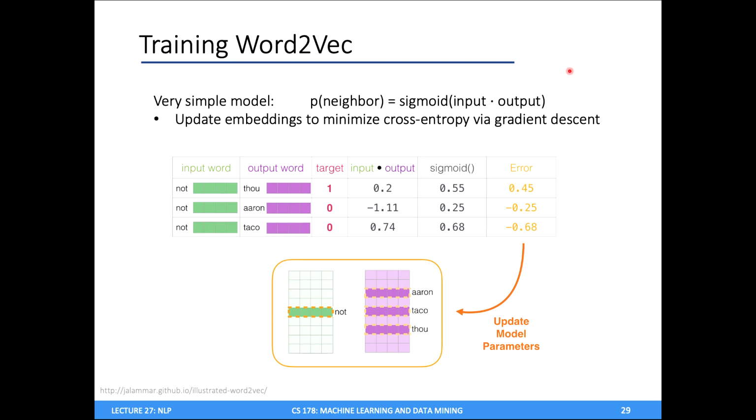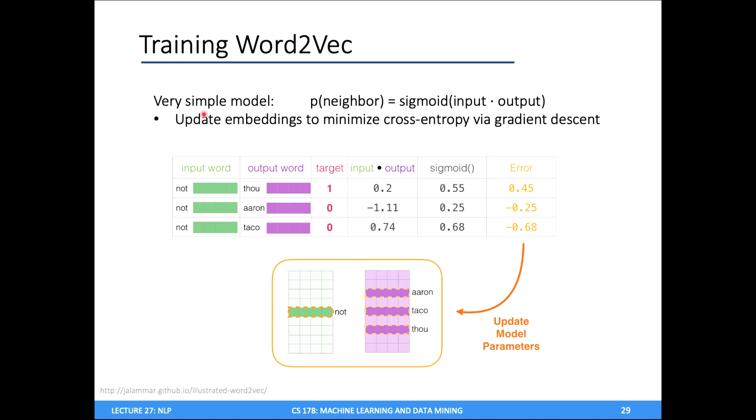This gives us a single number, which essentially measures how similar these two vectors are. So if you remember some fun facts about dot products, if those vectors are orthogonal, if they're perpendicular, the dot product is 0. And if they're in the same direction, the dot product is maximized. So this dot product tells us how similar the input and the output vectors are. We apply a sigmoid to that to turn it into a probability, as we've seen before in the class. And essentially, we use this to predict that binary target label, whether or not they were neighbors.